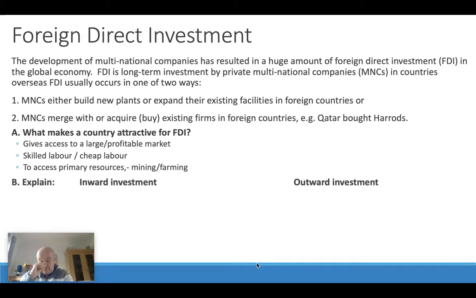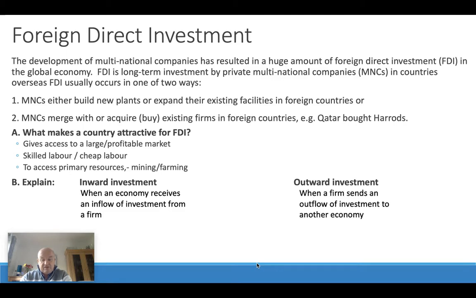So if we're going to explain inward and outward investment then, and this is something that we could be asked to do, the basic difference is inward investment is when an economy receives an inflow of investment from a firm. And obviously outward investment is when a firm sends an outflow of investment to another economy.